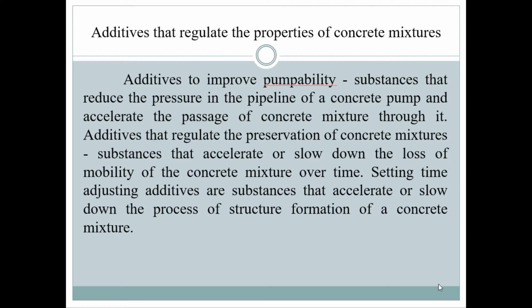Additives that regulate the preservation of concrete mixtures are substances that accelerate or slow down the loss of mobility of the concrete mixture over time. Setting time adjusting additives are substances that accelerate or slow down the process of structure formation of a concrete mixture.